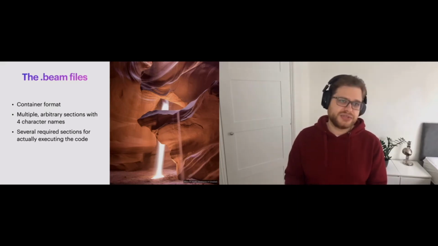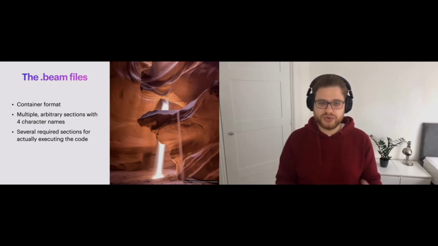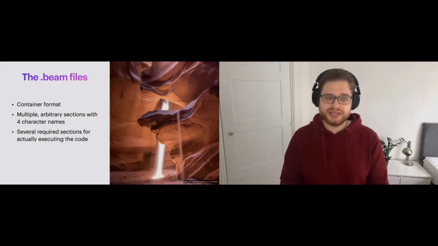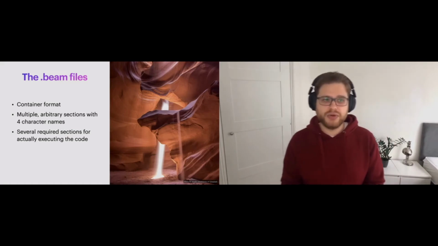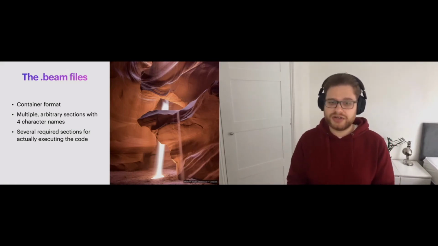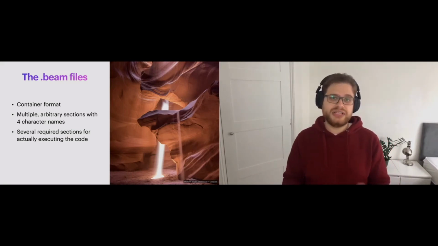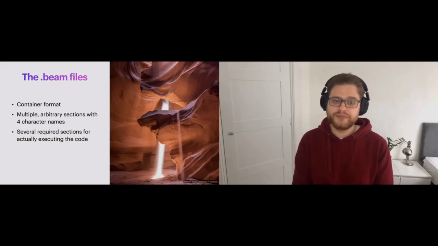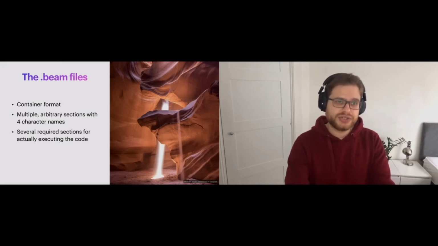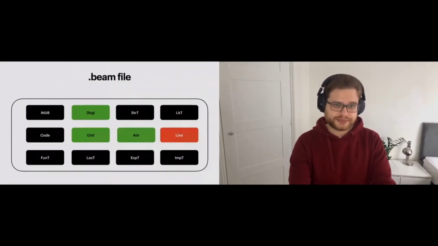Some of those sections are required for the code to be executed by the runtime system, there are some that are helpful for debugging, and some that are like metadata about the module that we could leverage in our analysis.